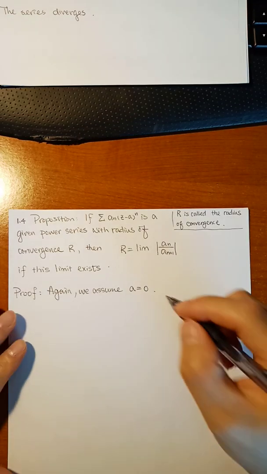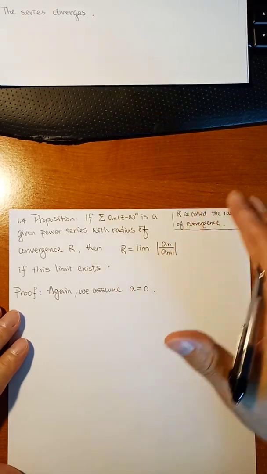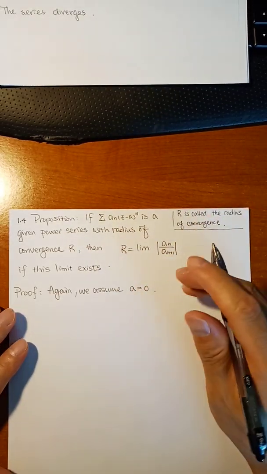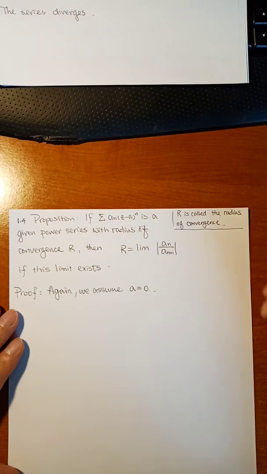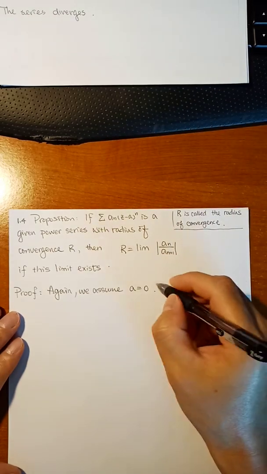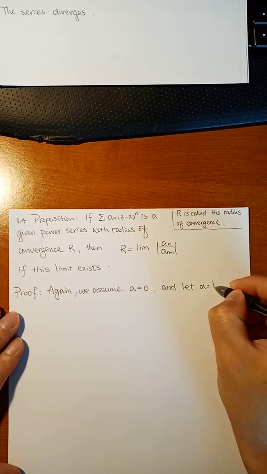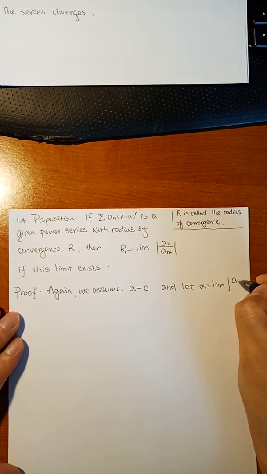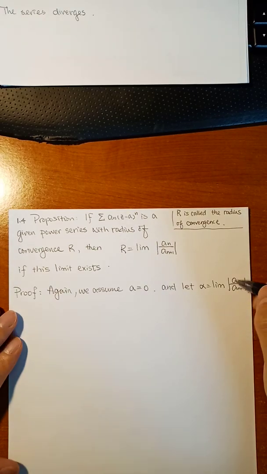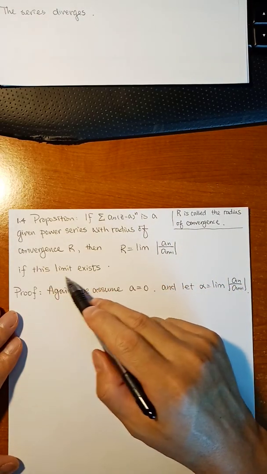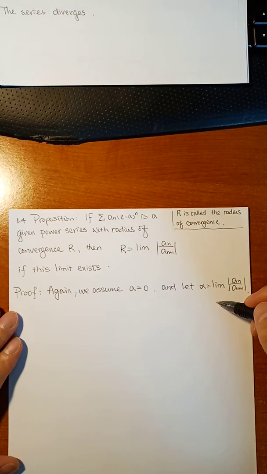So the theorem works for the most general case, but the proof is common with or without a. And let alpha be this limit. We already assume this limit exists. We call it alpha.